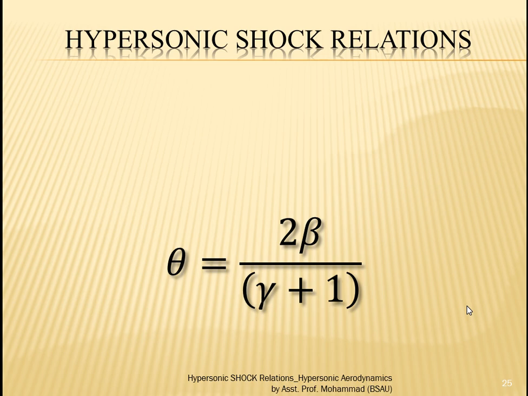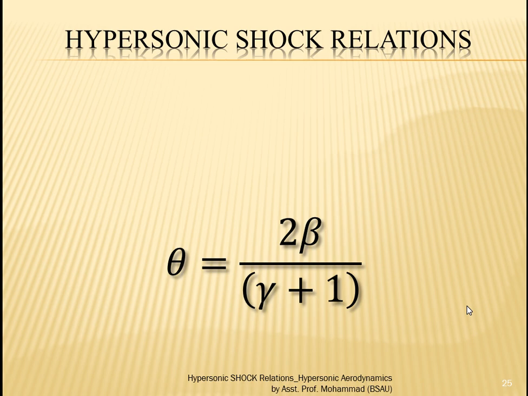Initially we saw that the theta-beta-M relation is explicit in theta but implicit in beta. So we cannot write beta in terms of Mach number and theta, but here the Mach number has even vanished, and once you know theta, we can easily write beta, as it is a linear relation. One more piece of information is that this expression is free from Mach number.